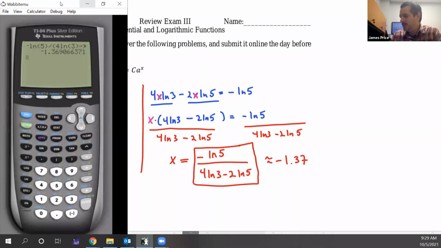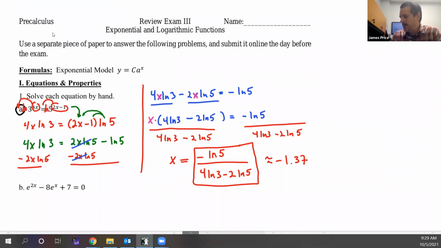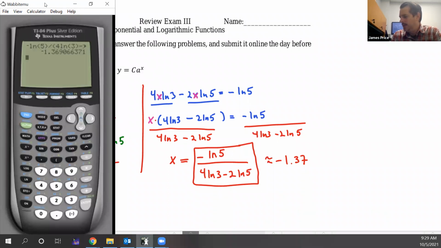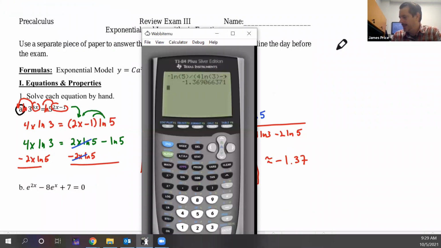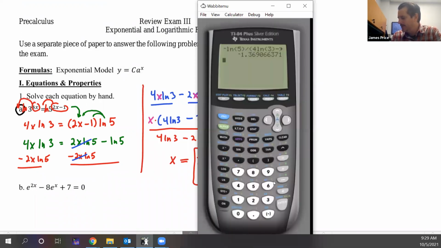And then again, you can check your work by simply plugging it into your last answer. All right, so let's plug it in on this side. So basically you have 3 raised to 4 times that answer, and so you can see what you get out on the left-hand side.